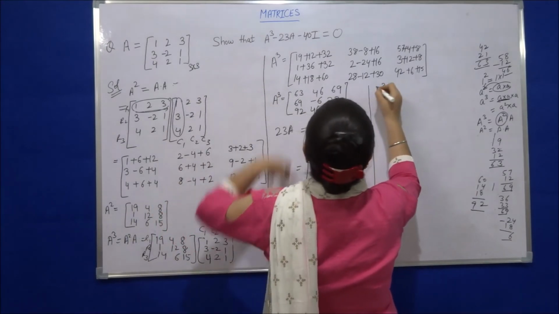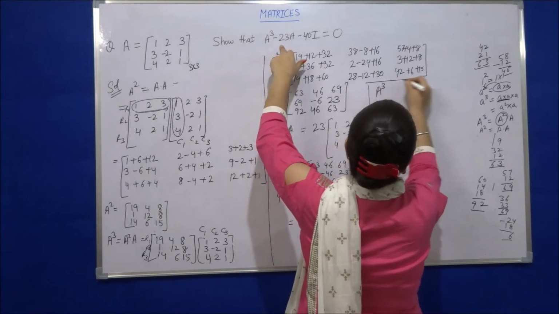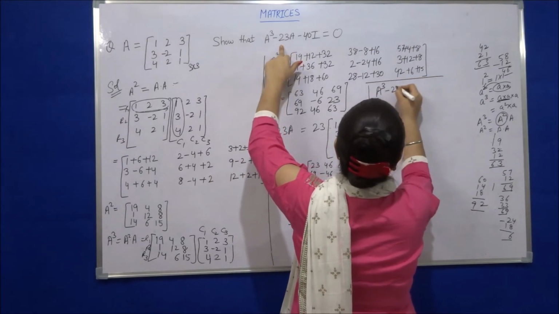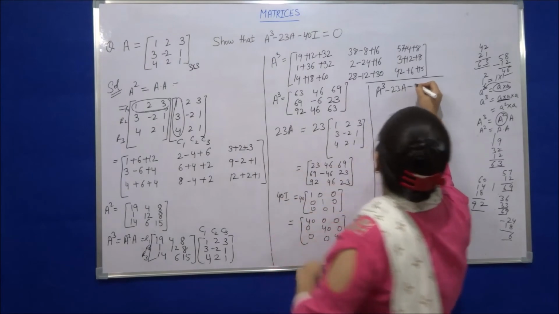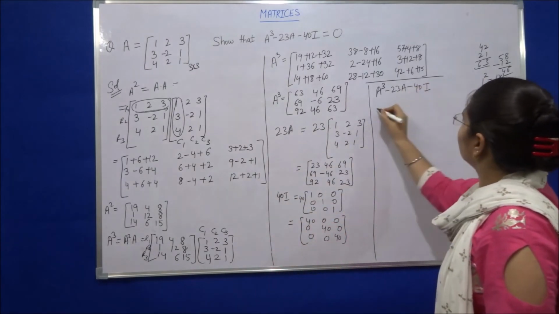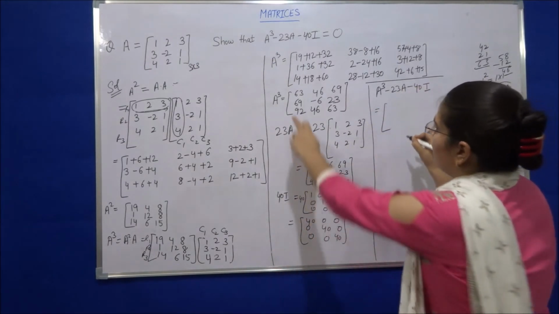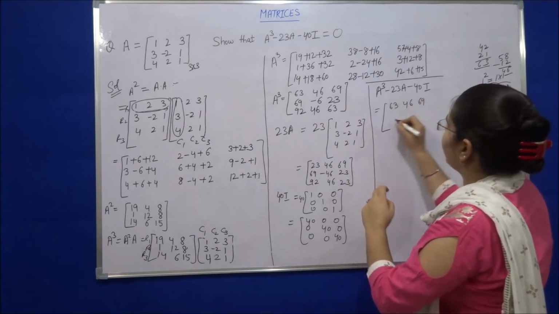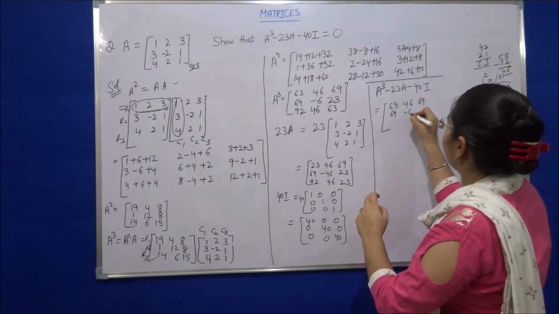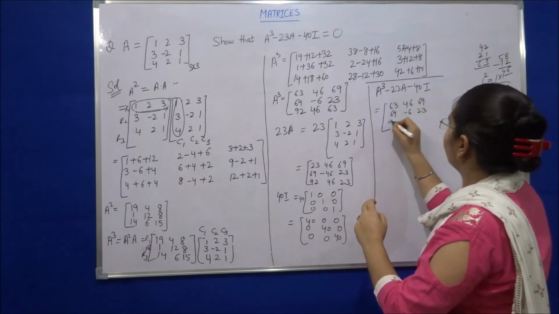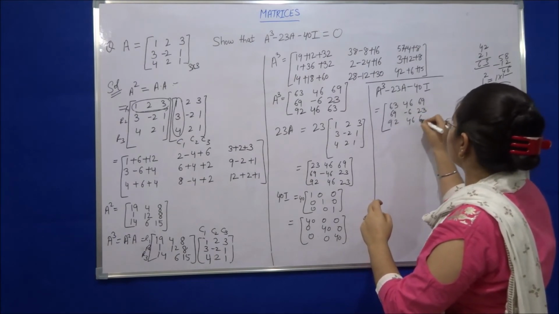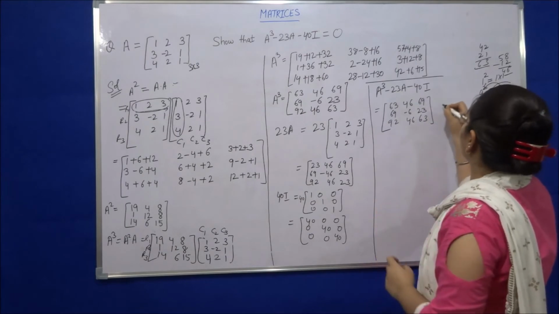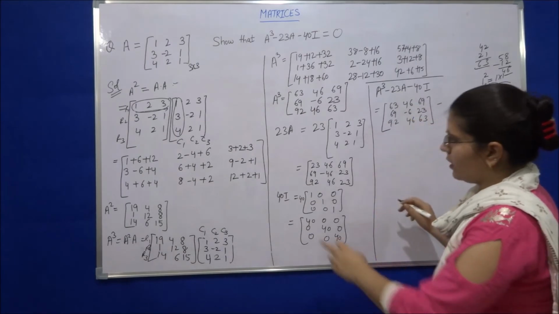Now our left hand side is A cube minus 23a minus 40i. So let's put the values. A cube is 63, 46, 69, 69 minus 6, 23, 92, 46, 63 minus 23a.